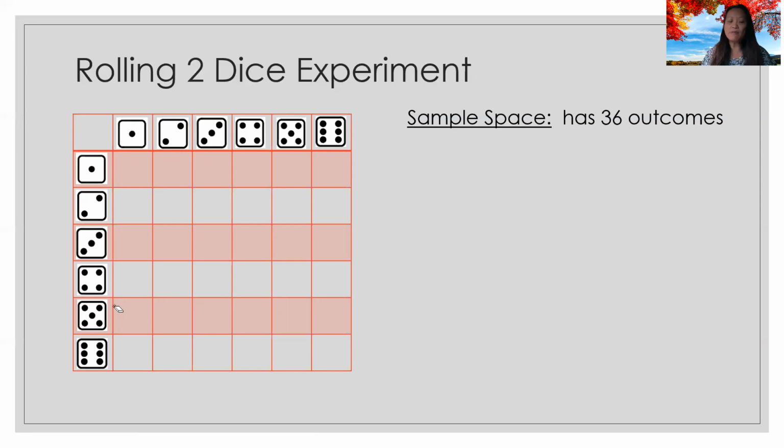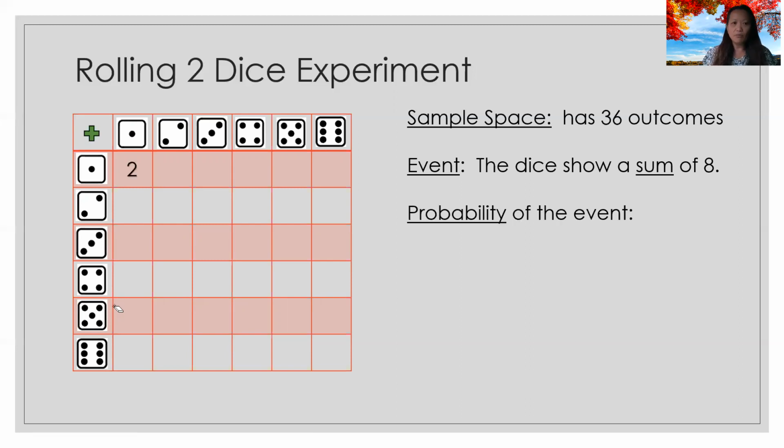Now, let's see what events we are interested in knowing. Ooh, we want the sum being 8, okay? Sum means to add. So I'm going to go ahead and add the faces that are shown on the 2 dice. Okay, so when we add, we would have 2, 3, 4, 5, 6, 7. So far, no 8 yet. Okay, and then 2 plus 1 is 3, 4, 5, 6, 7, 8.